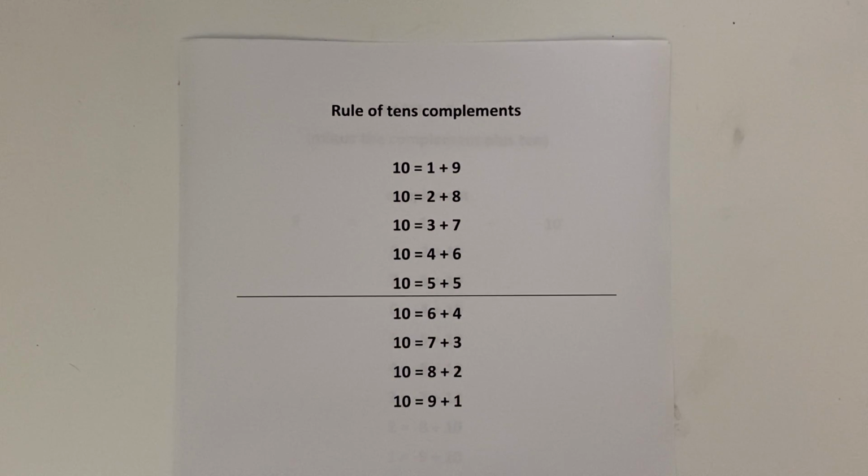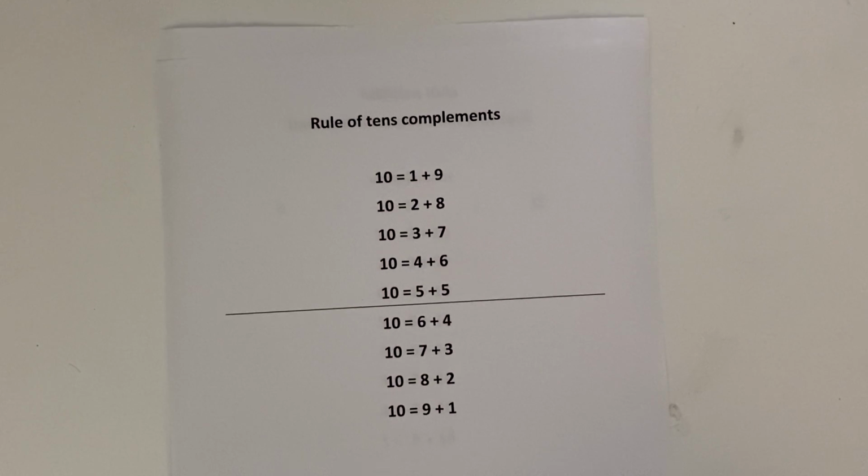So 1 plus 9 is 10, and 2 plus 8 is equal to 10, 3 plus 7, 4 plus 6, 5 and 5. So these are the pairs of complements that make 10. And so we are using this rule of tens complements.